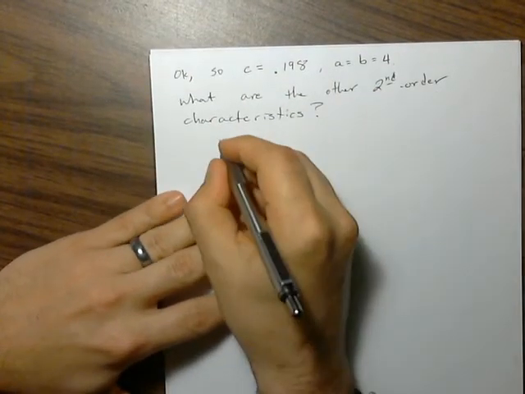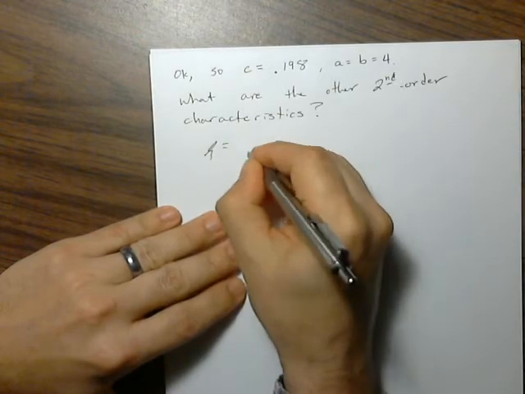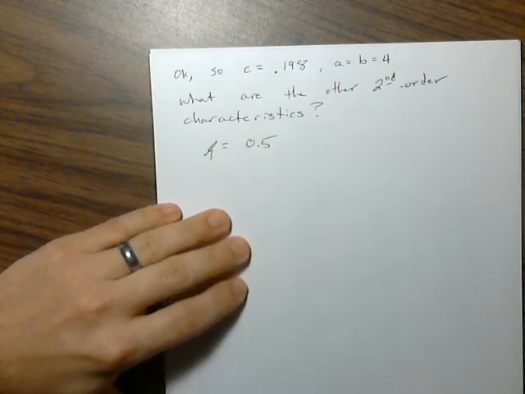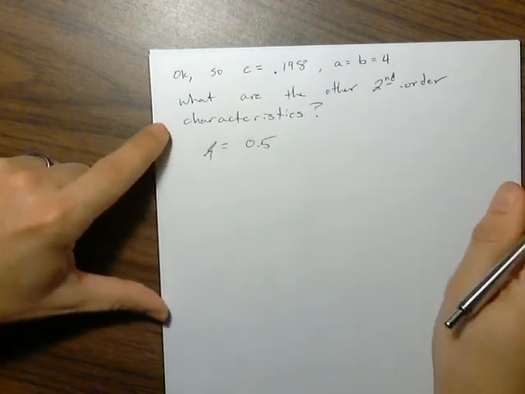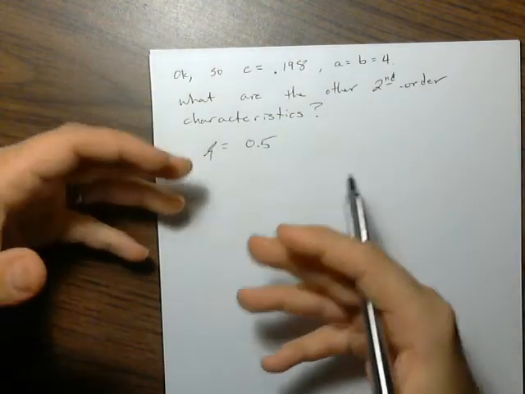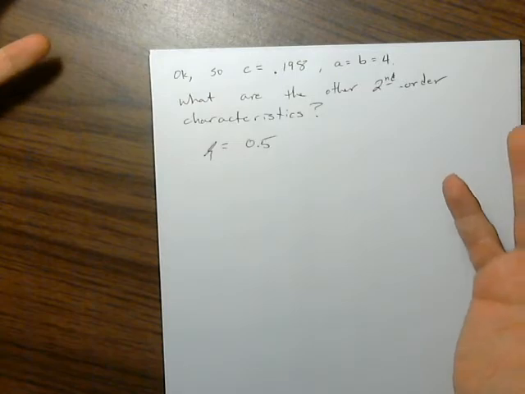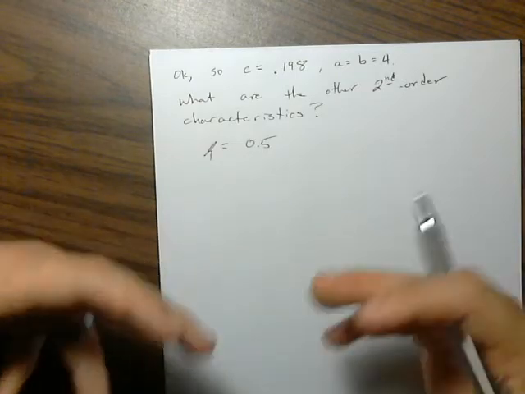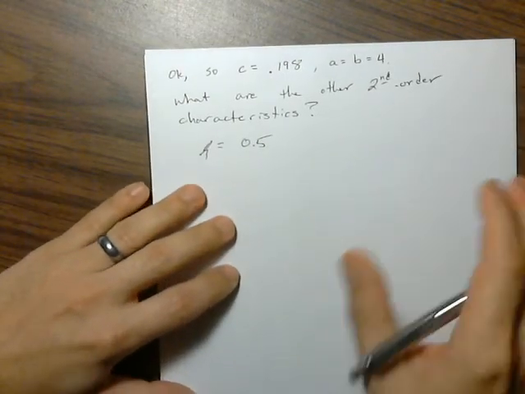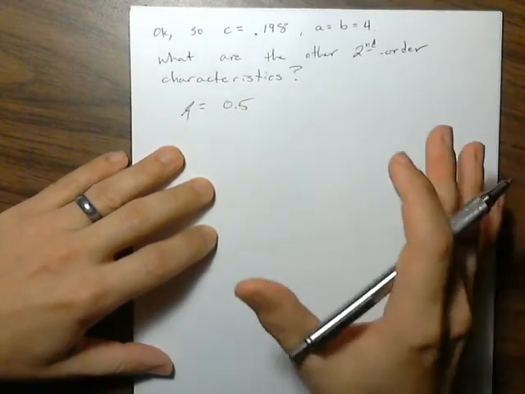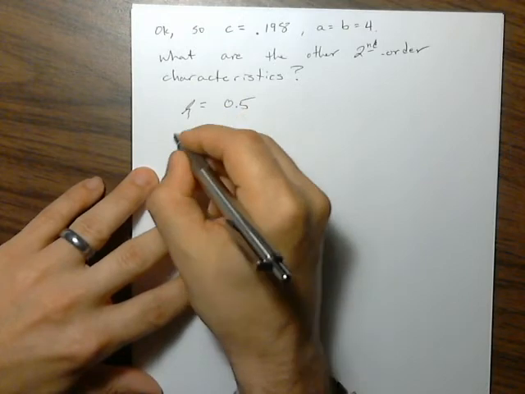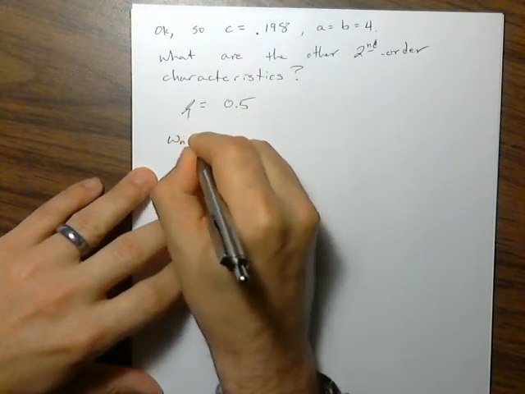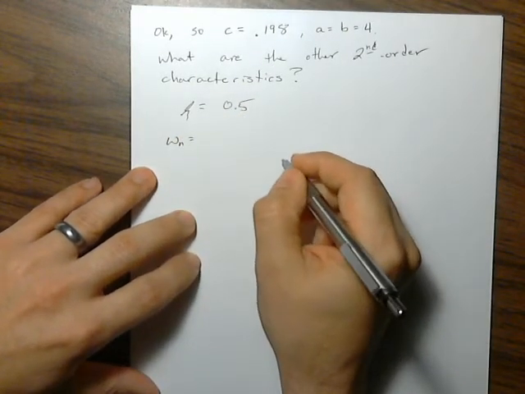We've said that zeta, the damping ratio, is 0.5. That means the system is underdamped. It will ring, it will oscillate, but we still don't know at what frequency or how long it's going to oscillate. And we don't know its natural frequency, which is a measure of the system's speed, more than frequency. So let's start there. Omega n, we actually have an expression for.